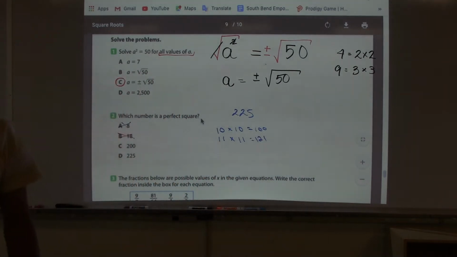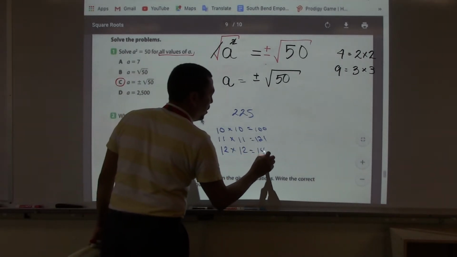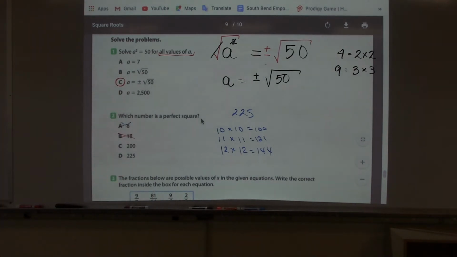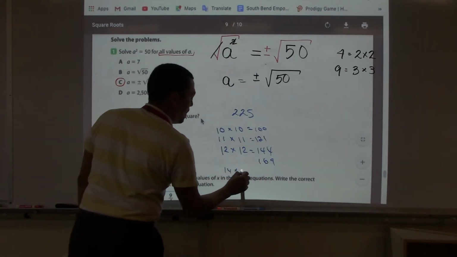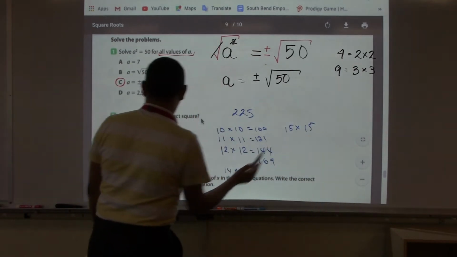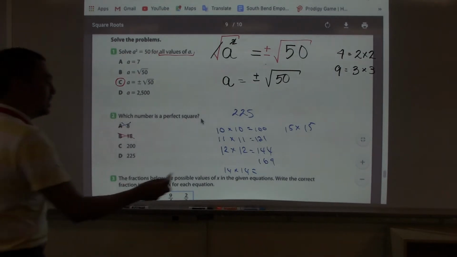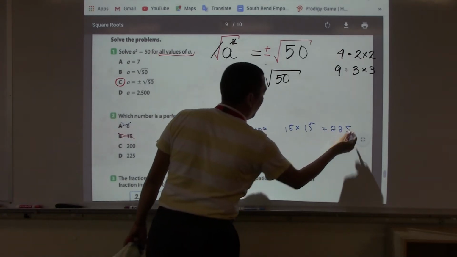What is the next number that we have there? It's 12 times 12 equals 144. Then we have 13 times 13, which is 169. Then we have 14 times 14, and then we're going to have 15 times 15. So 169, then we have 196. And this one is 225.